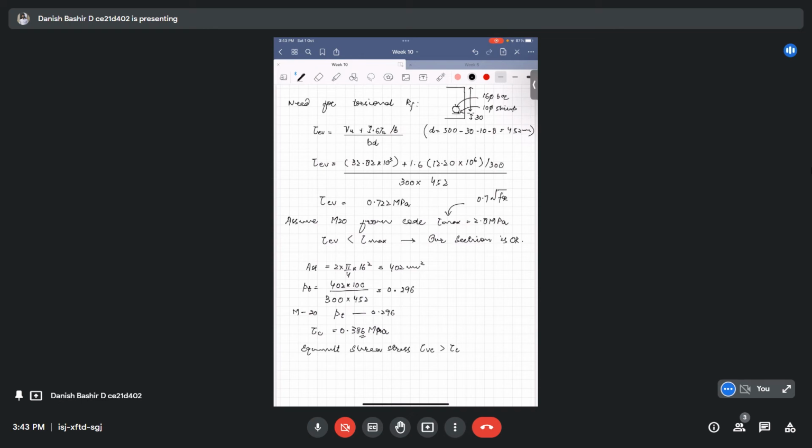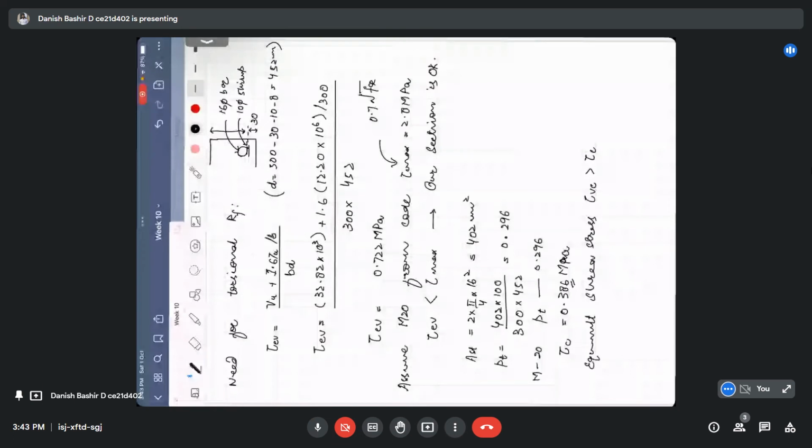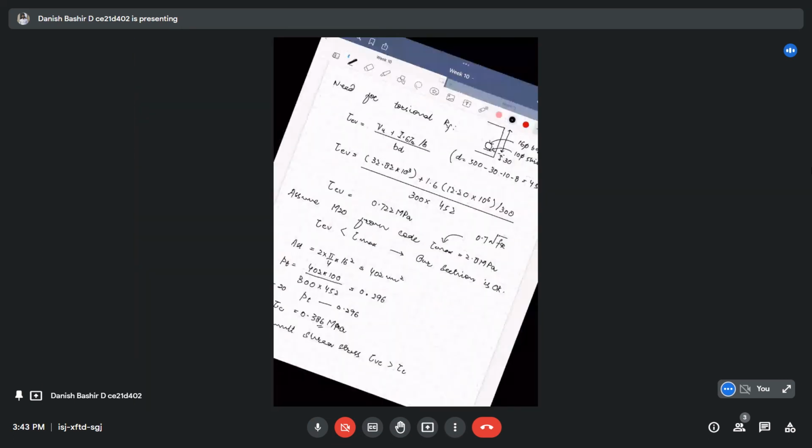So it is clearly greater than the shear strength of concrete. So we will require torsional reinforcement. So we will check the adequacy of the torsional reinforcement that has been already provided.